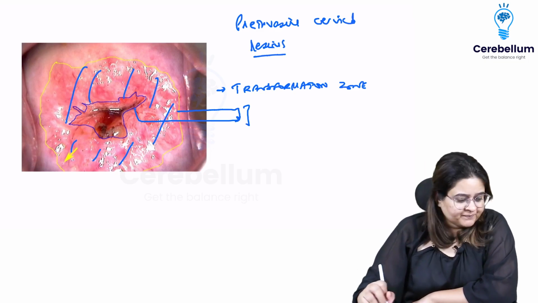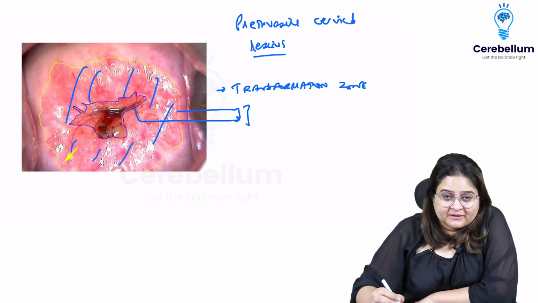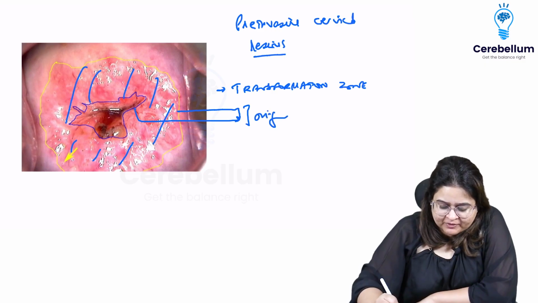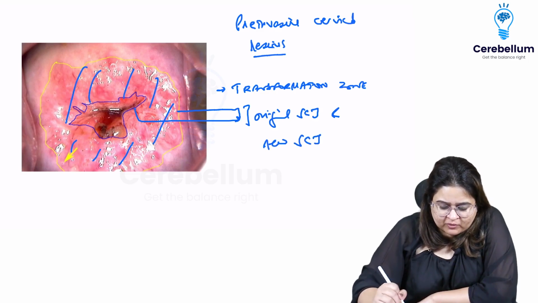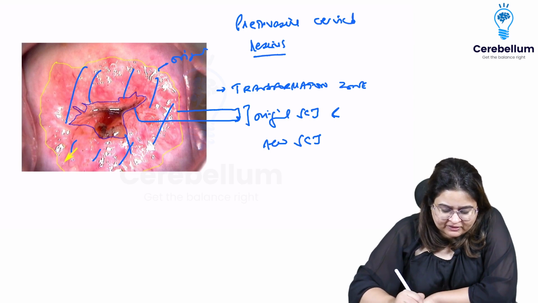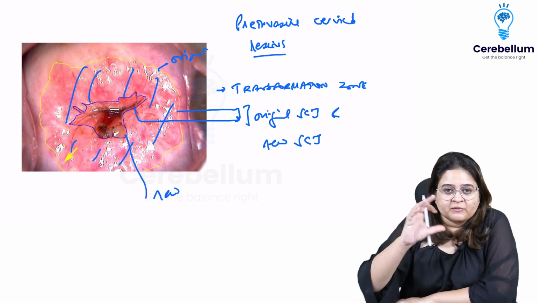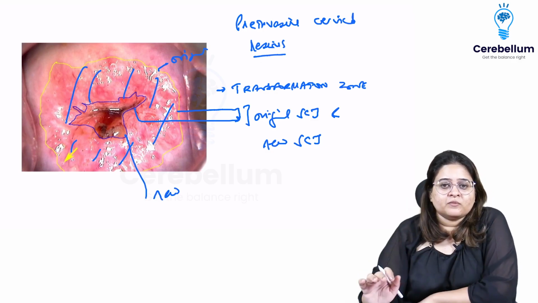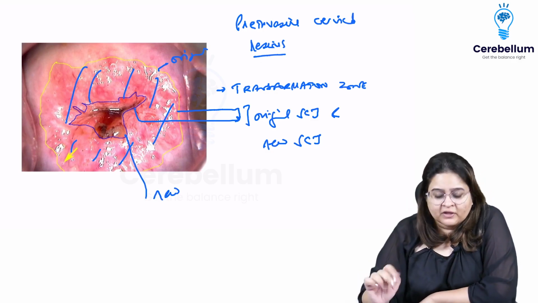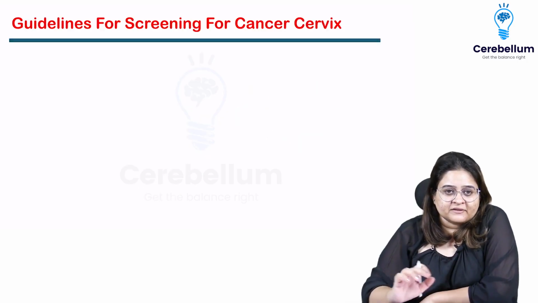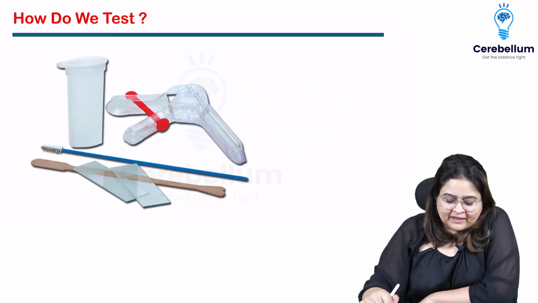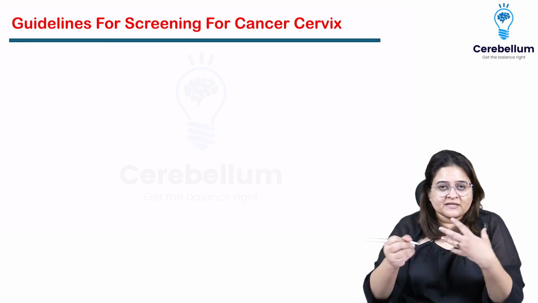It is the area between the original squamocolumnar junction and the new squamocolumnar junction; the outer one is the original junction and the inner one is the new junction. This is the area most prone for malignant change.